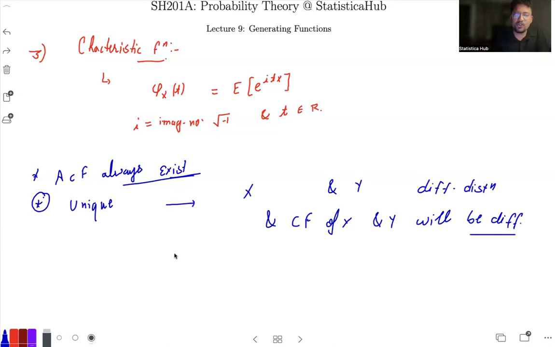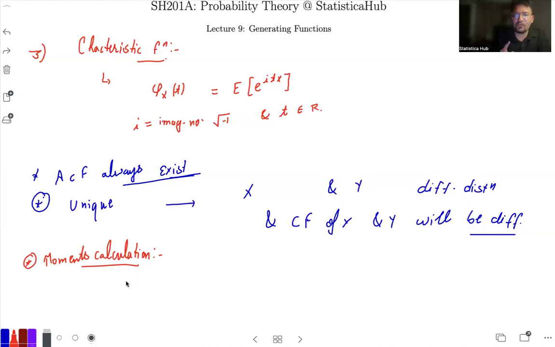Again, if you go for the moments, you can try to calculate the moments also. So in the moment calculation, if you are given some random variable x and you have to find the moments of that random variable, you can use the characteristic function.